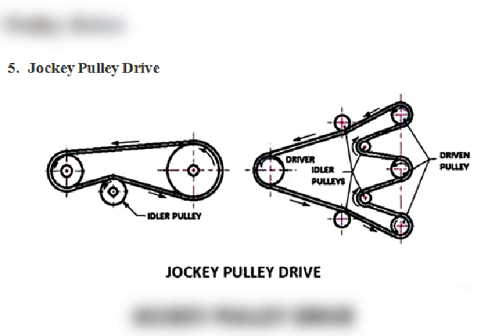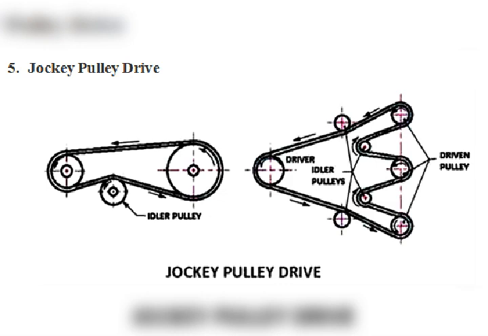Then the arc of contact of the belt with the driven pulley will be very small, which reduces the tension in the belt. Or if the required tension of the belt cannot be obtained by other means, an idler pulley called a jockey pulley is placed on the slack side of the belt as shown in the figure, which pushes the belt and increases the tension.